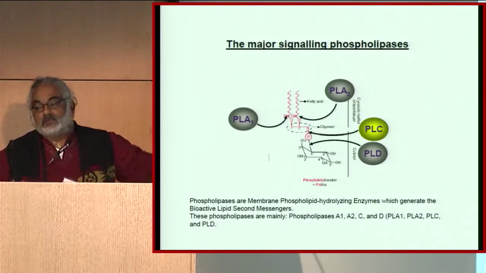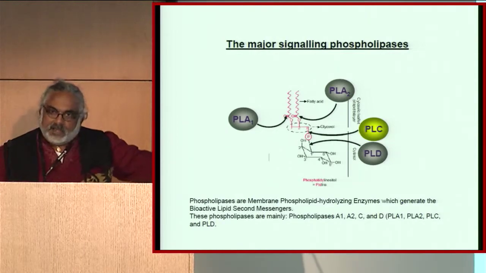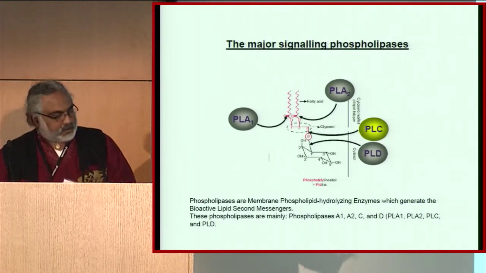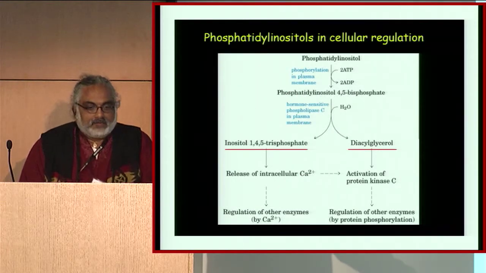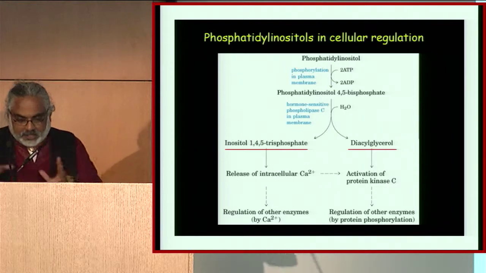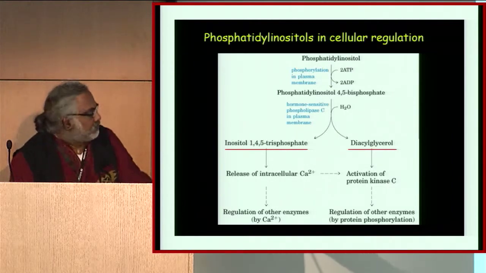One of the problems with these lipid enzymes is that we cannot isolate them easily, especially from mammalian cells. Sometimes when we isolate them, they lose their activity, and there are certain difficulties. Nevertheless, we still work on these enzymes to look at their metabolic function and how they regulate cellular functions.